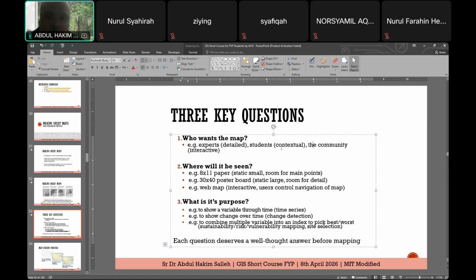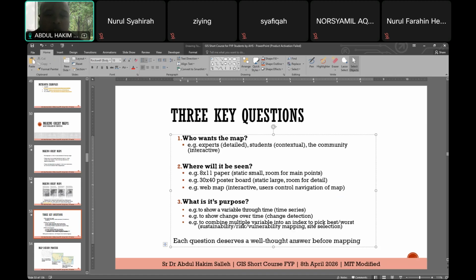Okay, next is the community. Usually it must be interactive, because community, some of them read a lot, so they are familiar with words. Some of them are not. Okay, so they wanted something interactive. They just click one button, then all the information can be displayed easily.